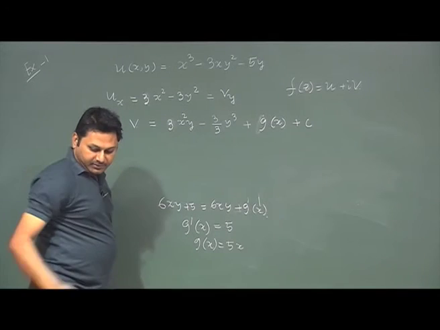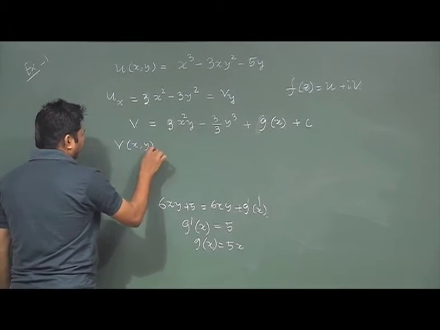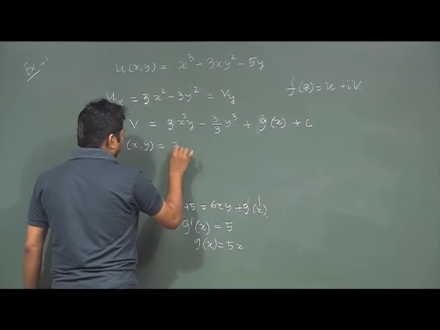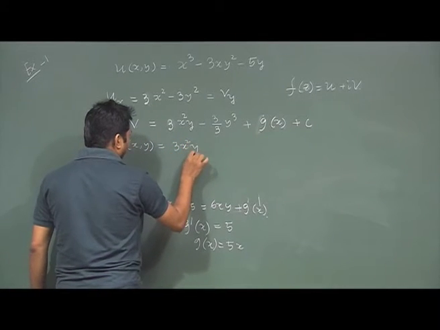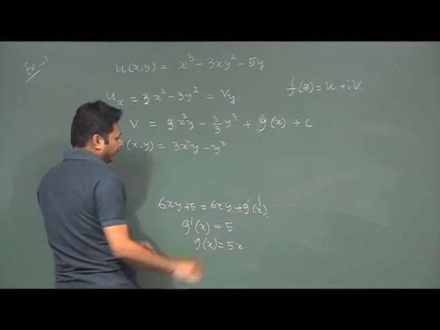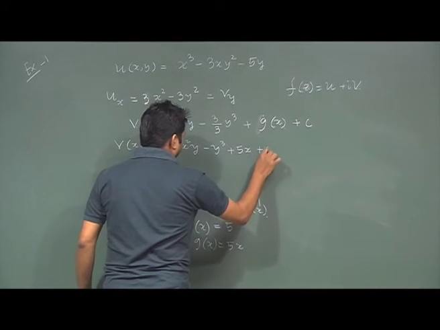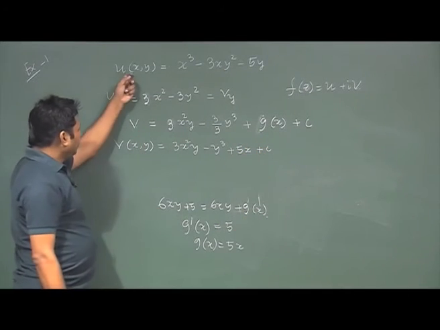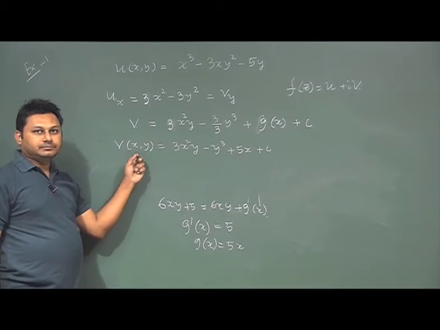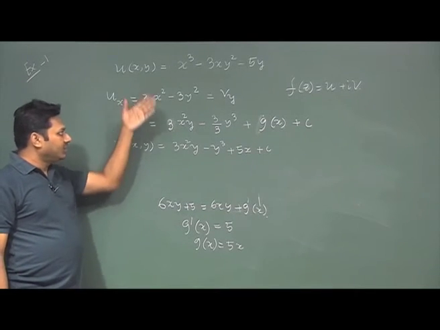So, my v finally, v of (x, y), finally comes out to be 3x square y minus y cube. g(x) now I figure out. So, it is 5x plus c, and u is already given. So, u and v I figure out separately.